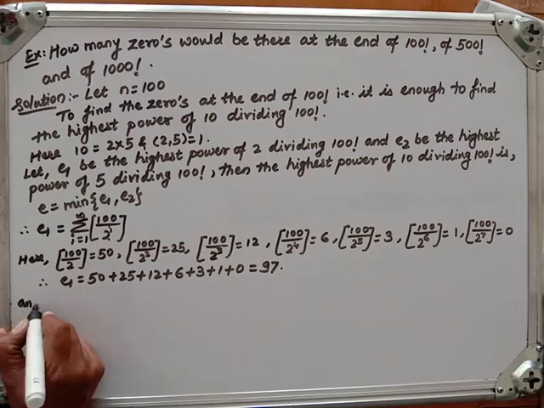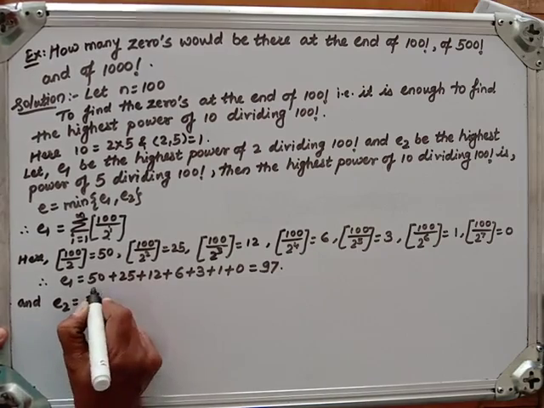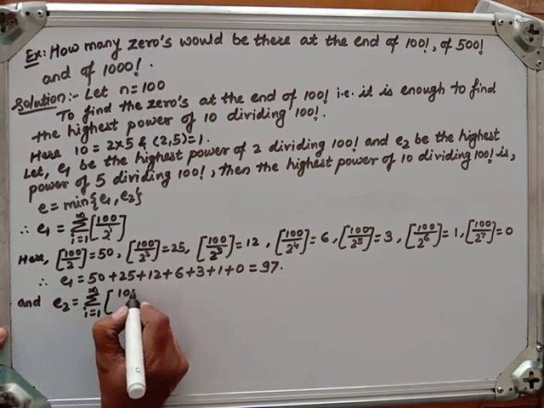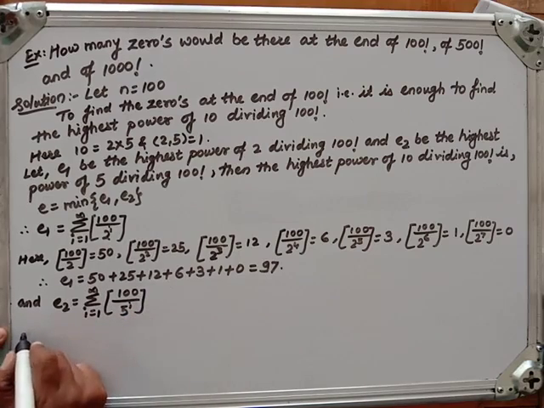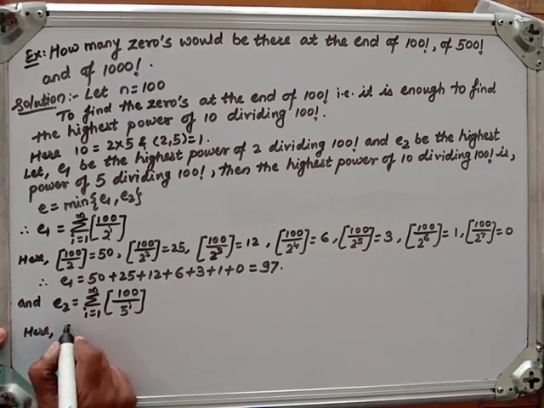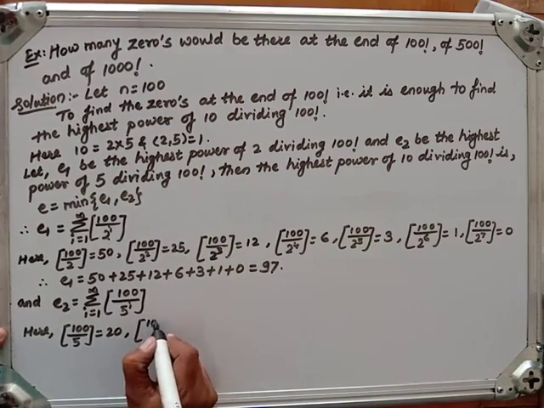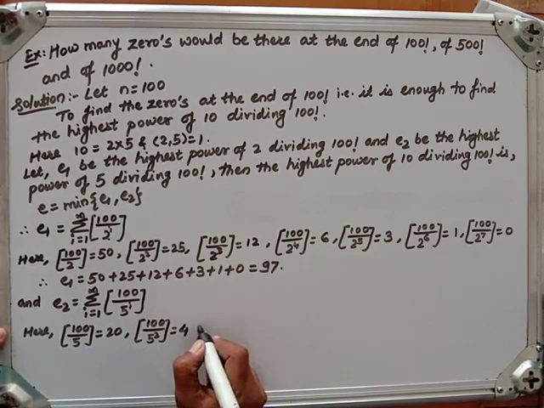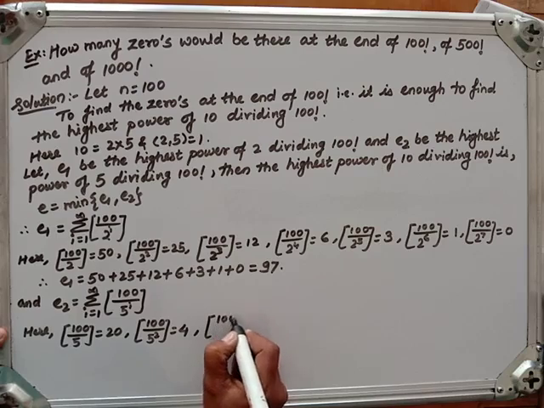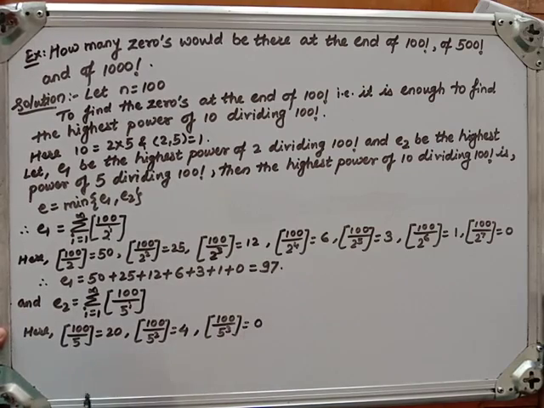And E2 is summation I from 1 to infinity, floor of 100 upon 5 raised to I. So here 100 upon 5 will be 20. 100 upon 5 square will be 4. 100 upon 5 cube will be 4 by 5, so 0.